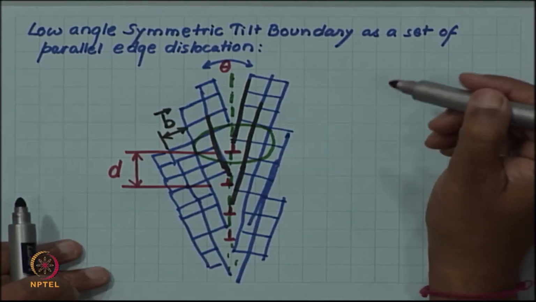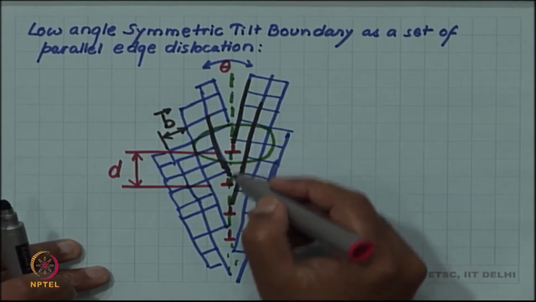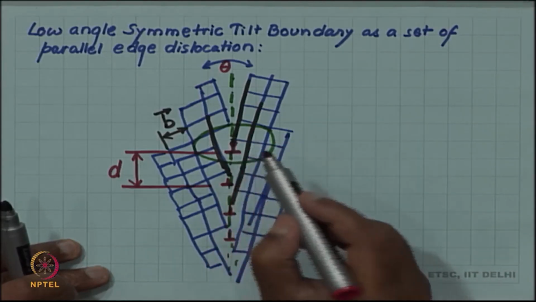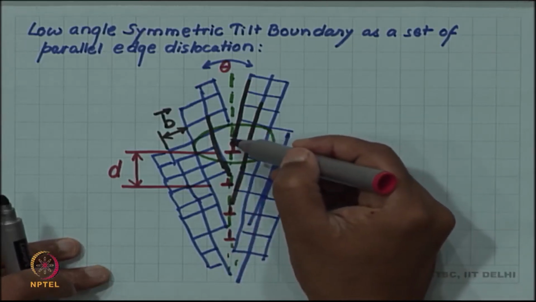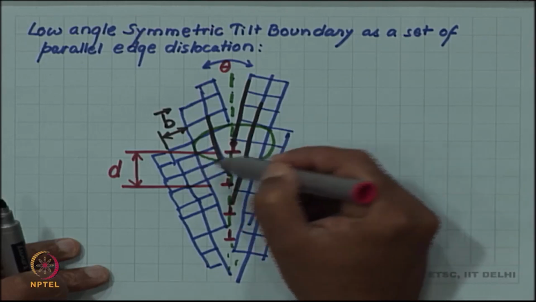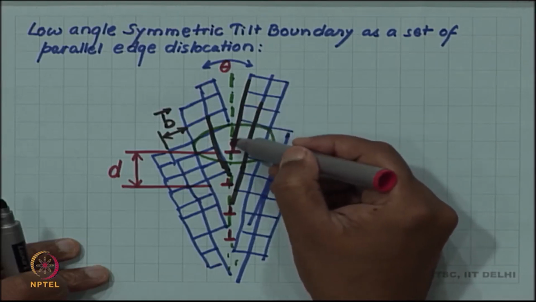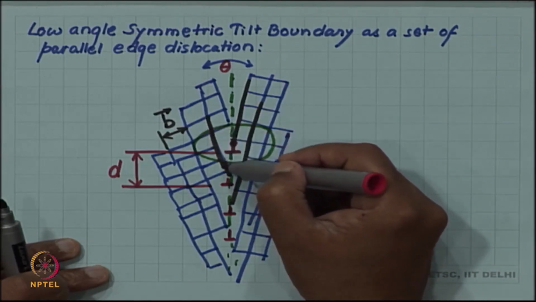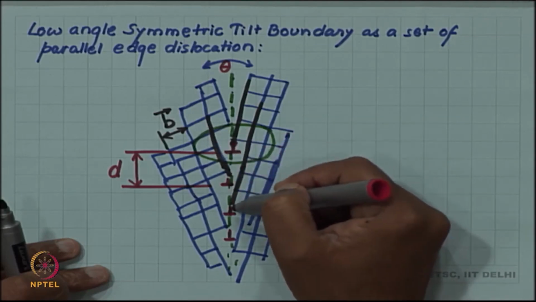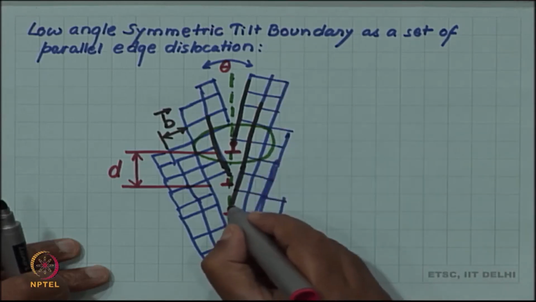So, now I will select a triangle. I will start from here, let us say, and I can see that if I go from one dislocation to the next dislocation, they are coming from alternate crystals. So, this half plane is coming from the right crystal, but then this half plane is coming from the left crystal. So, I would like to keep myself in a single crystal on one side. So, I will go to the alternate dislocation.